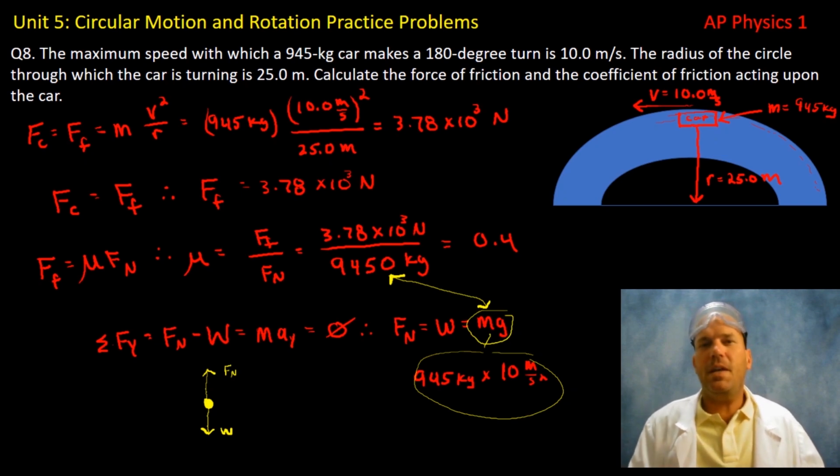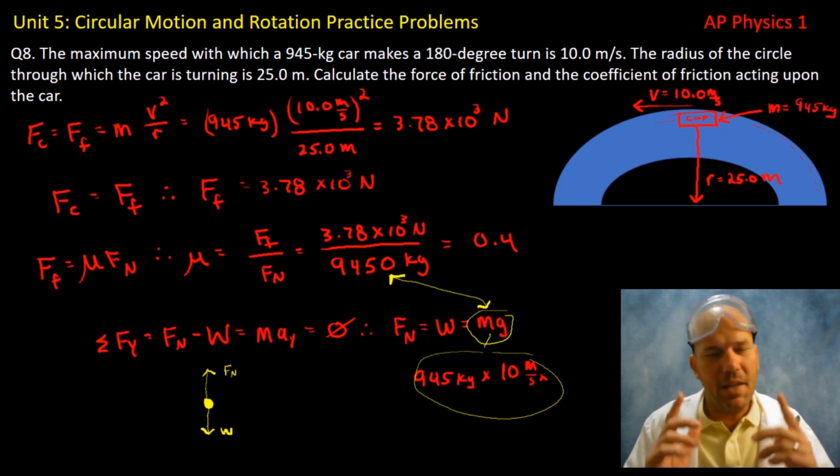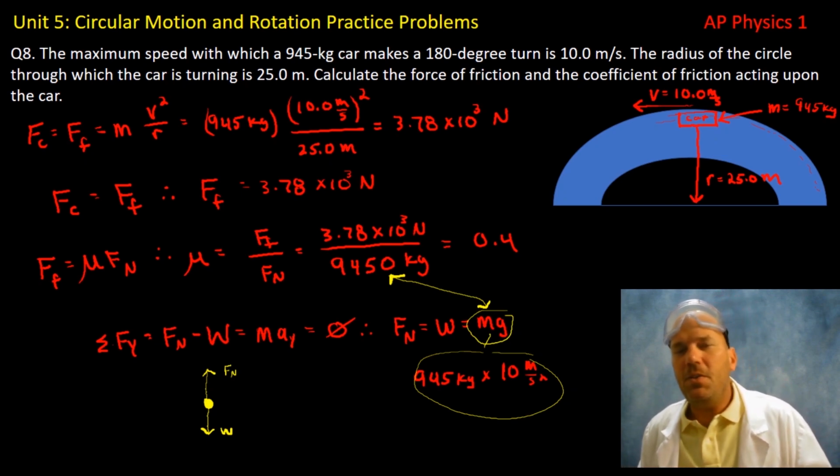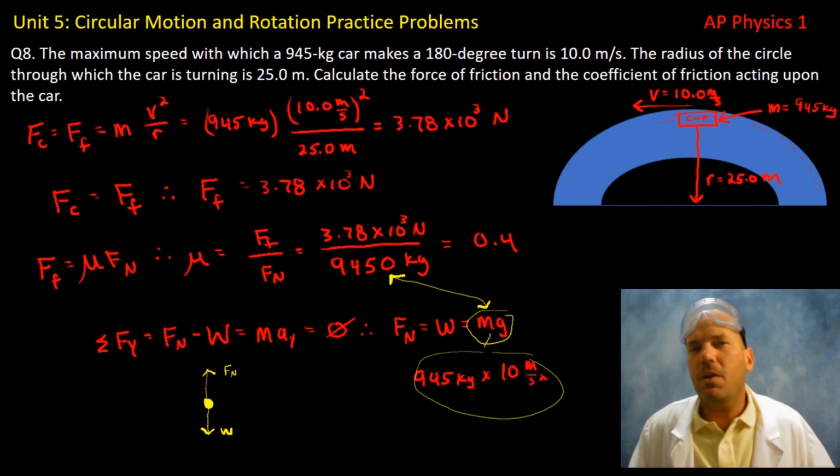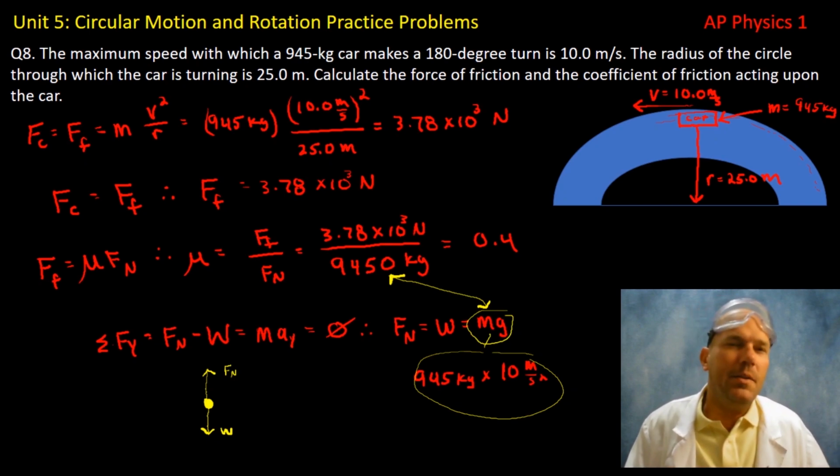So we're simply going to take the mass of the car and multiply it by 10. Students often forget to do that. Then we have force normal, and we're going to put that into our equation, solve for mu to be 0.4, and remember, mu is dimensionless.